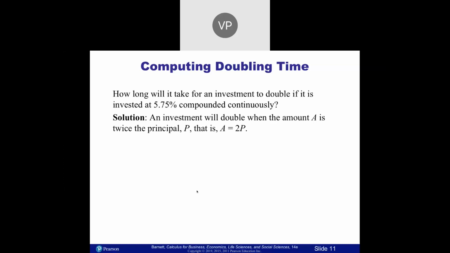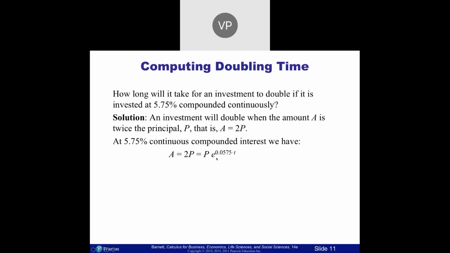All they said is it's going to double. So what that means is if my initial investment is P, the principal, whatever it is, the end result, the A, is going to be 2P. It's just going to be twice it. So if it was $100, A is 200. If it was 10 million, A is going to be 20 million. And we don't even need to know what that is. We just have to use A equals 2P.